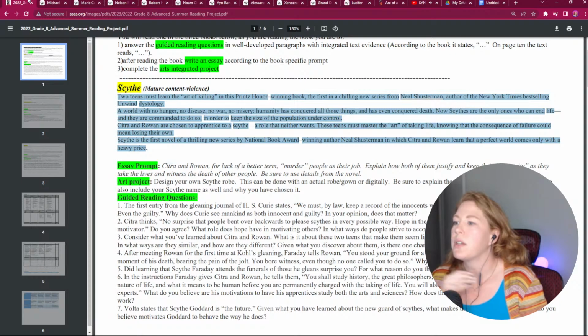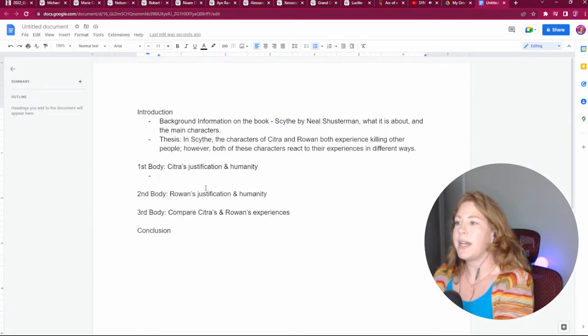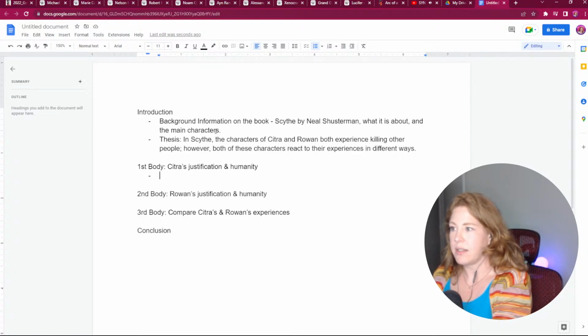So let's look at the prompt really quick again. I need to explain how both of them justify and keep their humanity. Okay, so I'd say that Citra justifies what she does in the same way that Faraday and Curie do, right?